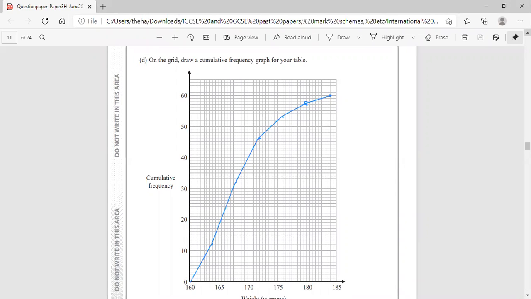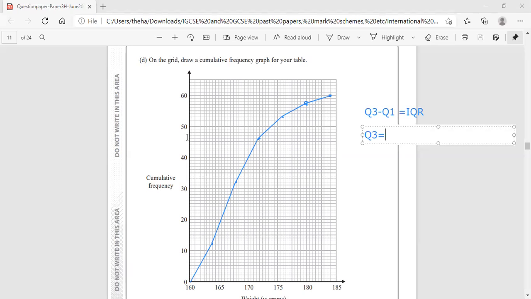For the interquartile range, I'm going to do it up here. We're going for Q3 minus Q1 equals the interquartile range. Q3 is 75% up, so we work out 75% of 60. 60 times 0.75 gives us 45.